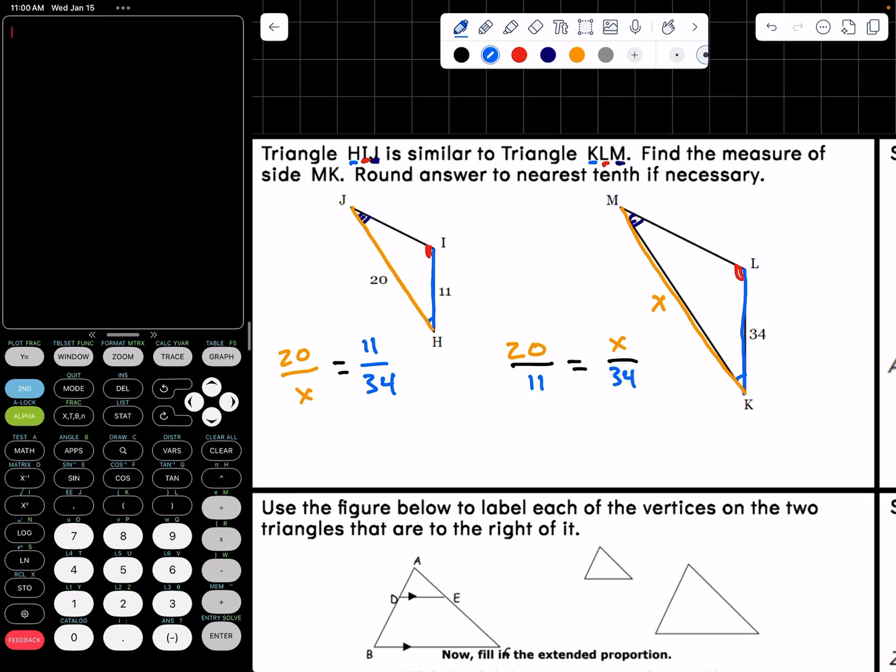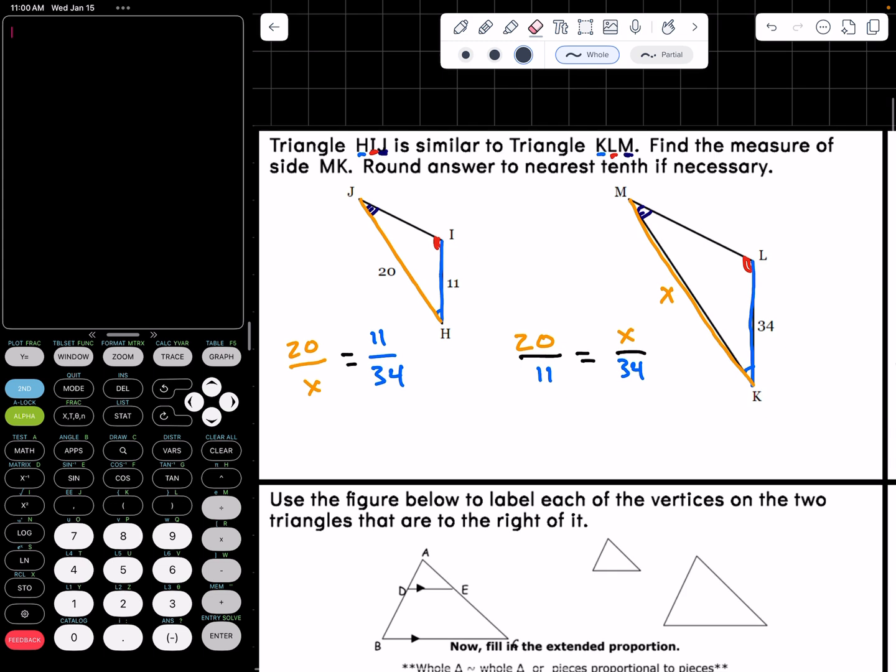The big thing I need to do when I'm coming up with the proportions is what goes together, what is related to each other. So 20 and X are related to each other because they're in the same position, just like 11 and 34. But 20 and 11 are also somewhat related because they're a part of the same triangle.